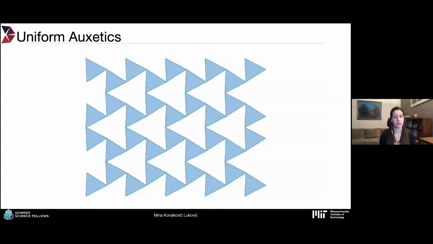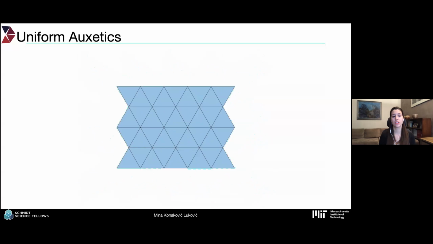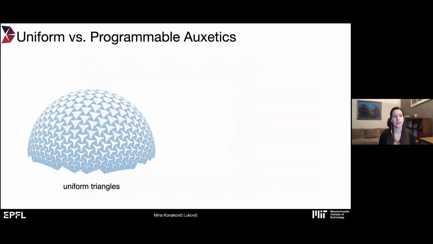Once they open up to the fully open configuration that cannot go any further, they just collapse back to the closed version. And in the uniform auxetic version, when you want to approximate a half sphere, to approximate some curvature of the surface, you are controlling the openings of the materials, but all the triangles stay identical.